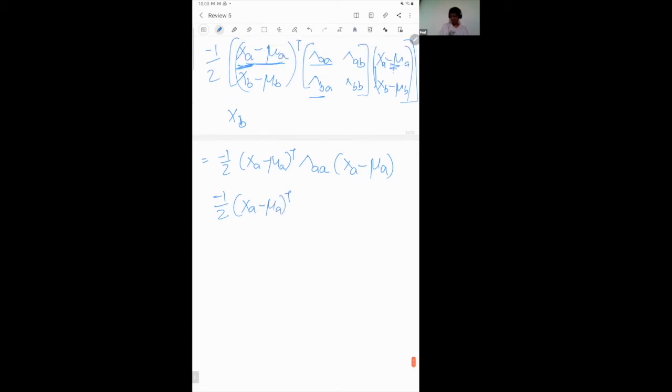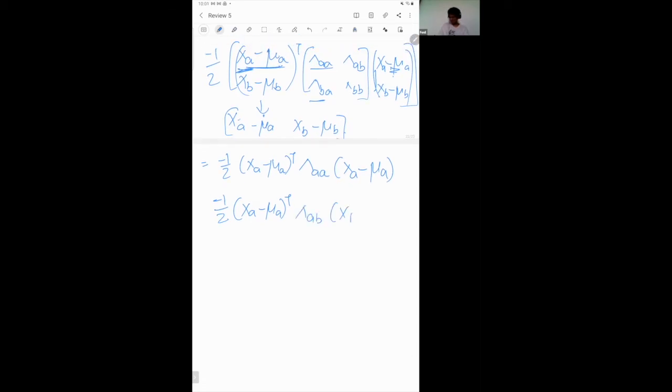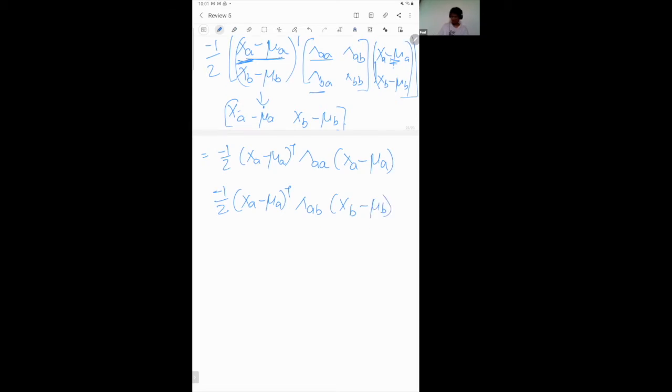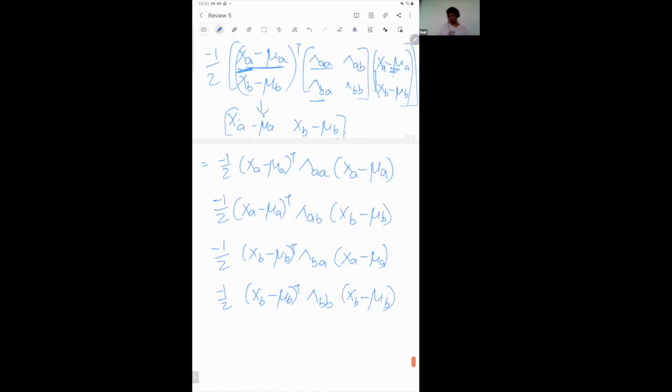So now this thing is a transpose. Imagine it as xa minus mu. It's a row vector.